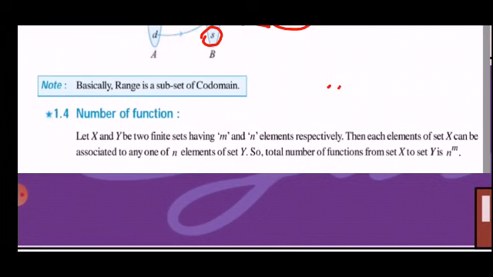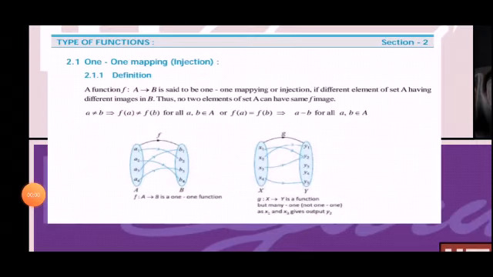This number of functions can also be discussed by taking some examples. If you correlate this with the PNC chapter, we take some examples.